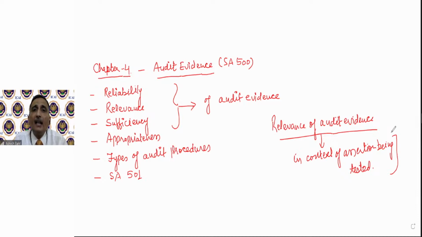It should have some logical connection with the assertion which the auditor is going to test, which the auditor is going to verify. Is that clear, students? So you understand the meaning of relevance generally. We shall be reading about what is there in your module.